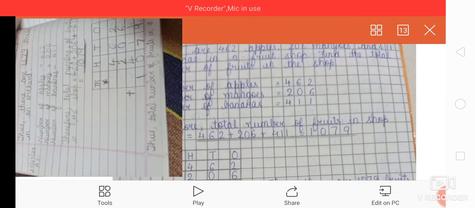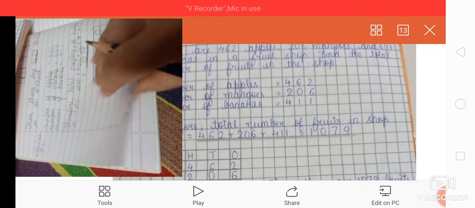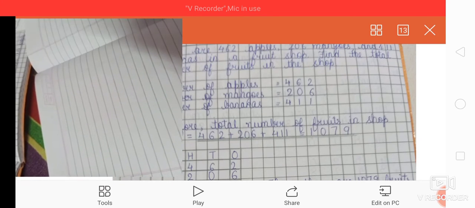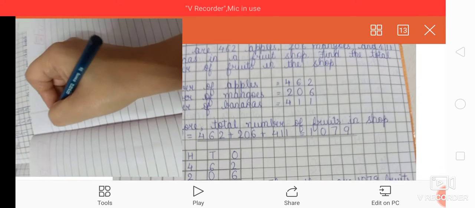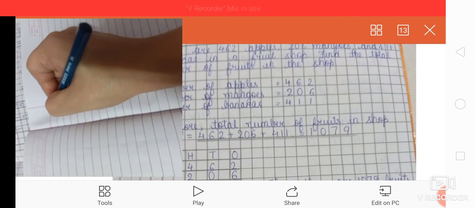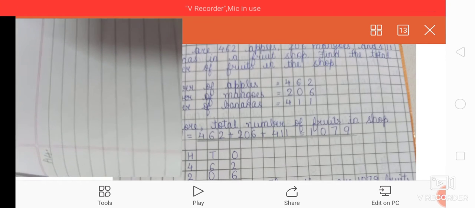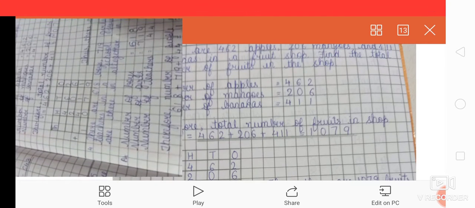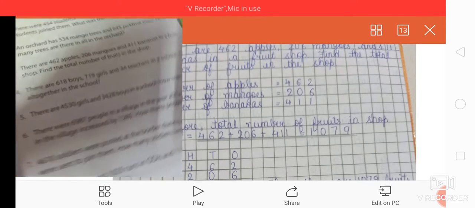Now we move on to the fourth sum. You will write the question. First we will read the question. What is the question of the fourth sum?